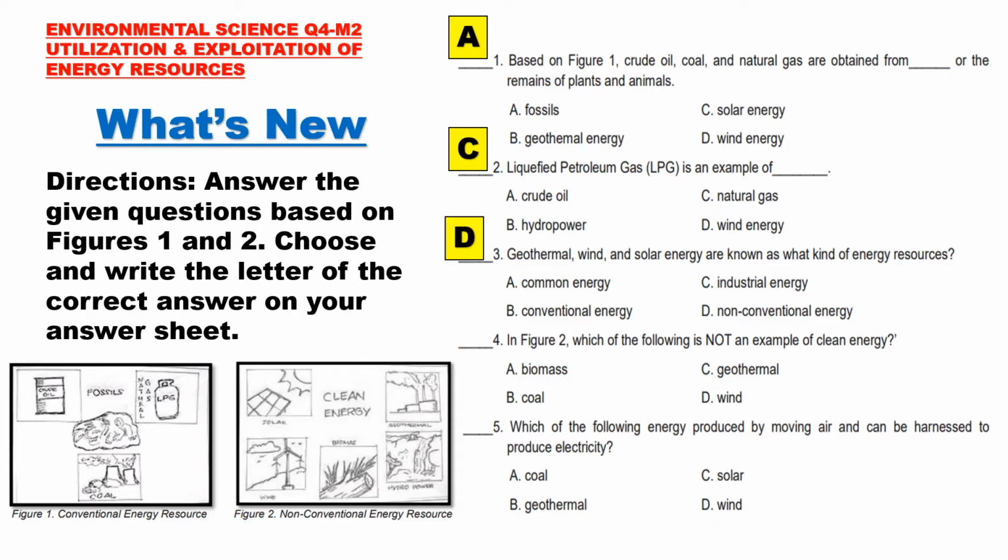Answer: D, non-conventional energy. 4. In figure 2, which of the following is not an example of clean energy? Answer: B, coal. And number 5, which of the following energy produced by moving air and can be harnessed to produce electricity? Answer: B, wind.